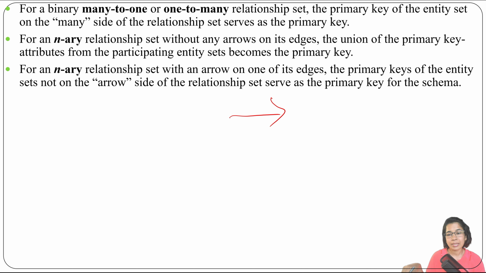Arrow means what? That is the one side, and we are not using the one side key, right? In case of many to one or one to many, we use the many side primary key as the key for the relationship. So in case of an n-ary relationship with an arrow, we skip that one side, the arrow entity set, and the union of all the rest of the entity sets' primary keys will be the primary key.